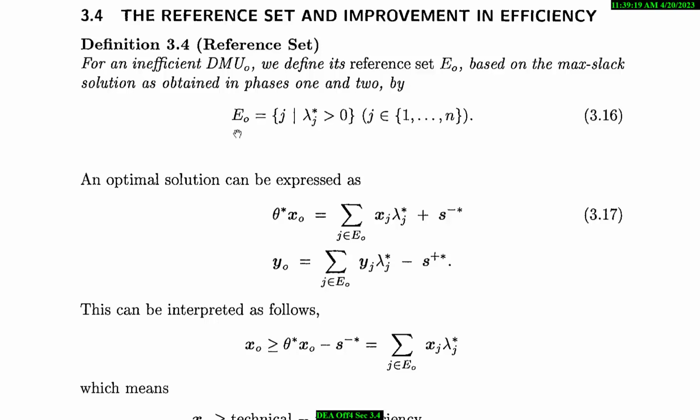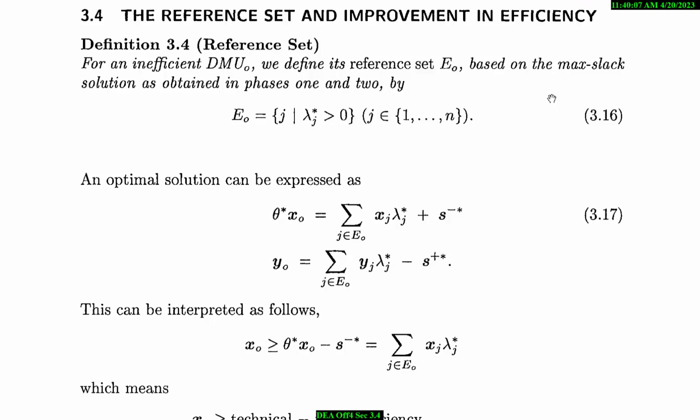Indeed, we defined the reference set based on an optimal solution to the weighted form of the model, here based on an optimal solution of the envelopment form. As an exercise that you should do and send to me, show what is the relation between these two sets.